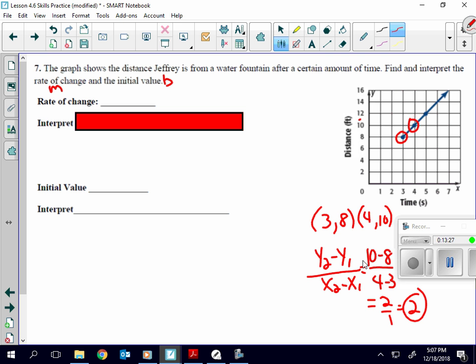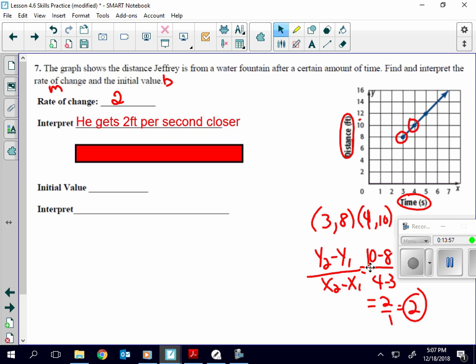Make sure you understand what you're writing. It's pointless to write something down and not understand it. So the slope is 2, the rate of change is 2, and what does that mean? Distance away from a water fountain. So remember, slope has 2 units, feet and seconds, and you can use the word per: feet per second. 2 feet per second closer.